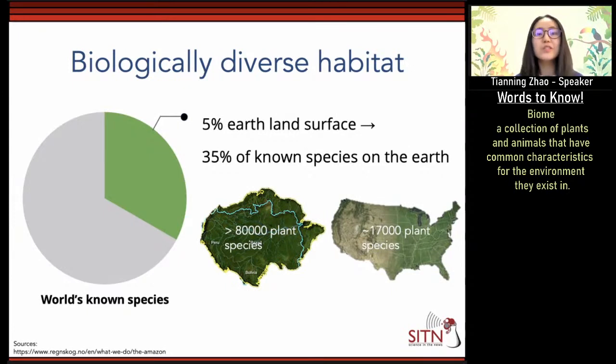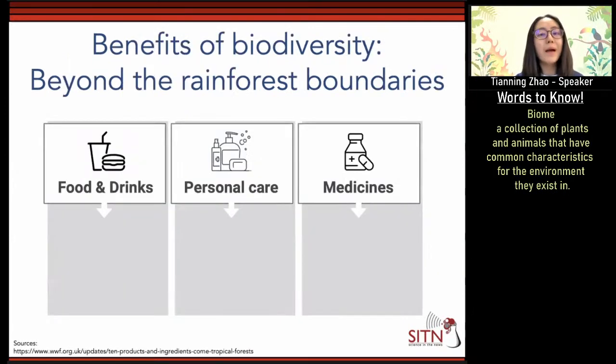They contribute to the different shades of green, not only fascinating to the eyes or the camera, but also the benefits of such biodiversity extend way beyond the rainforest boundaries. It basically penetrates through almost every aspect of our daily life. If you're thinking about food and drinks, the tropical fruits, the different spices, and the nuts, they were all coming from, or originally coming from, the tropical rainforest.